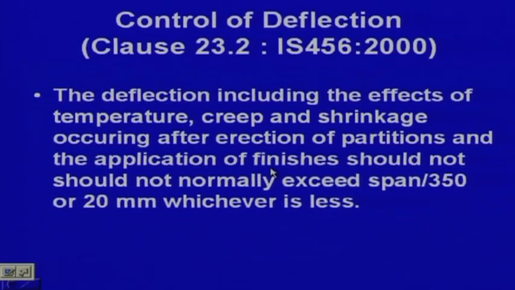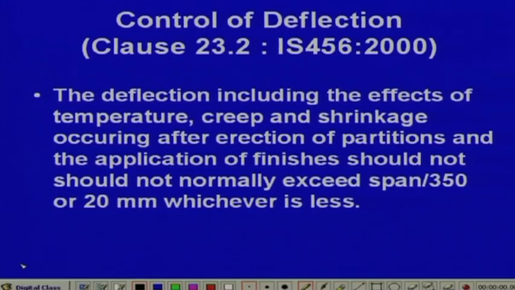That means the partition or any other final work and finishes, should normally not exceed span by 350 or 20 millimeter, whichever is less. So you should remember span by 350 is the maximum allowed deflection, or 20 millimeter, that is specified, in no case should it be more than 20 millimeter.